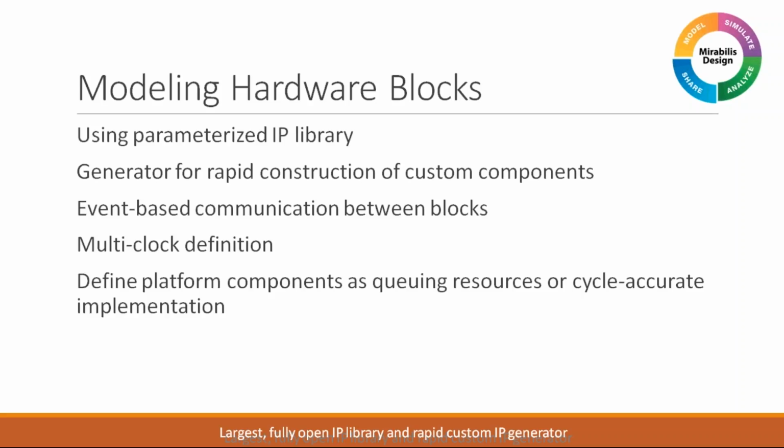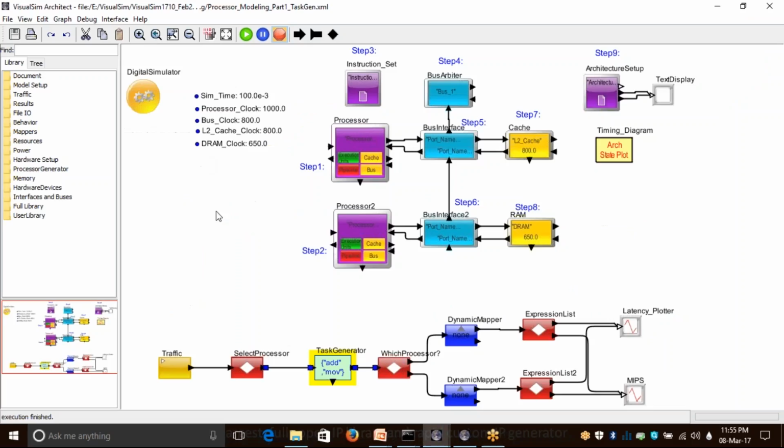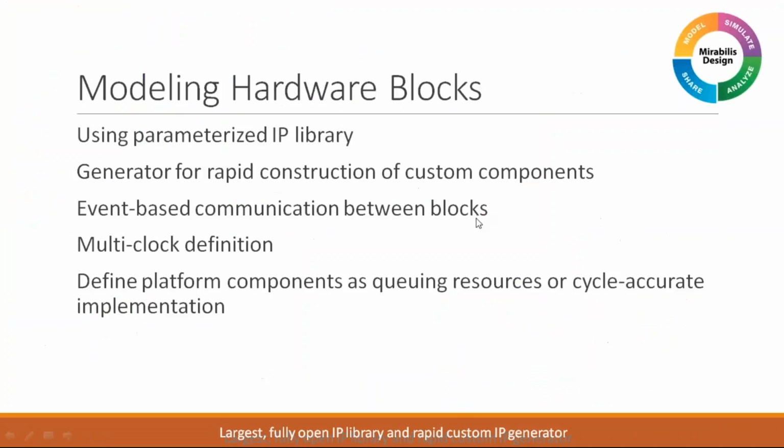And as you have noticed in my previous model, you can have a multi-clock domain. For example, in my case, the processor is running at 1 gigahertz, whereas the bus is running at 800 and DRAM is running at 650 megahertz.